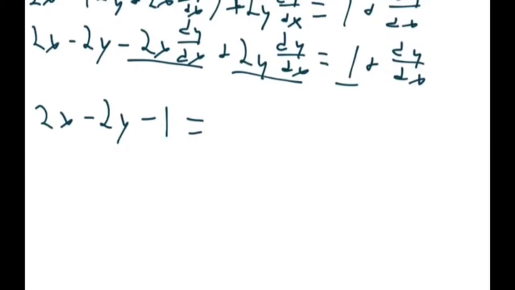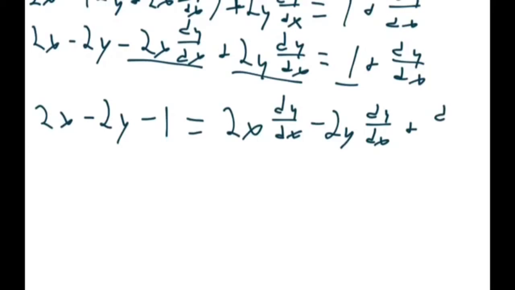So it's going to be 2x dy over dx minus 2y dy over dx plus dy over dx. So if you notice, each of the terms on this side all have a dy over dx in common.